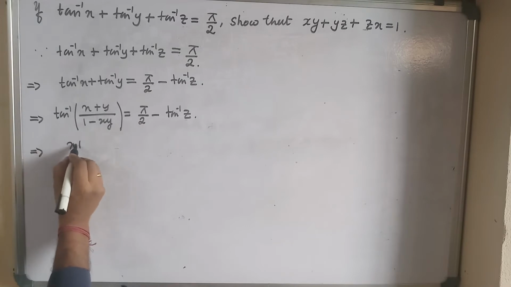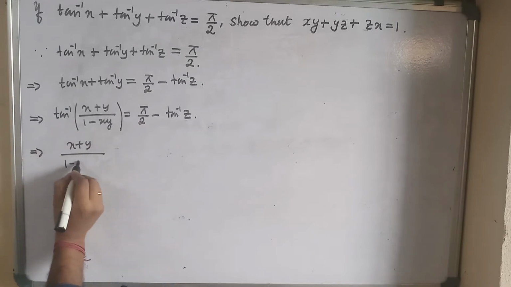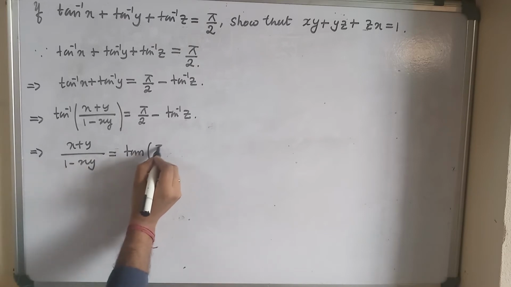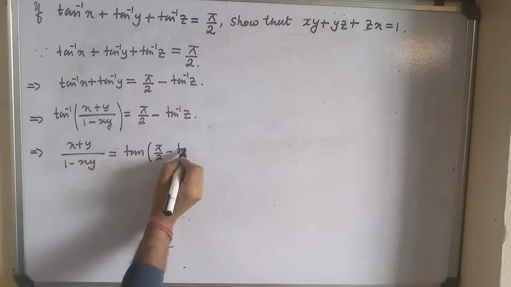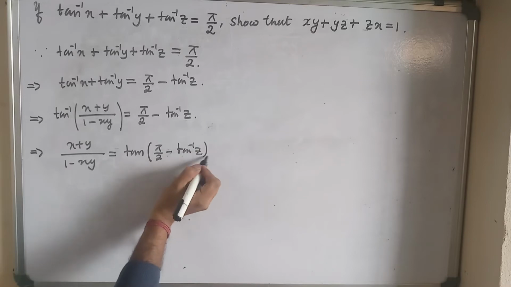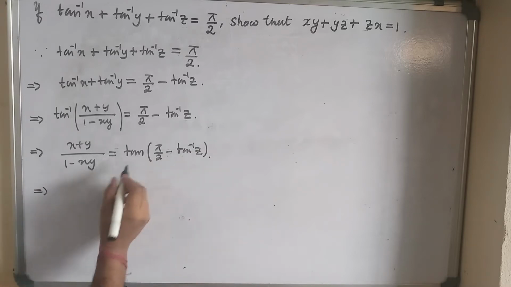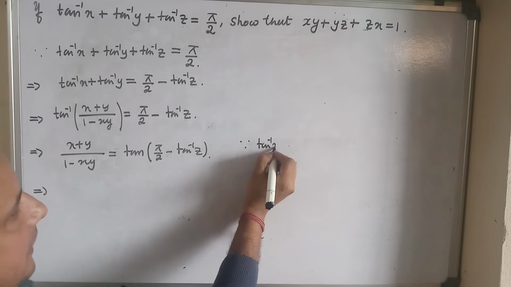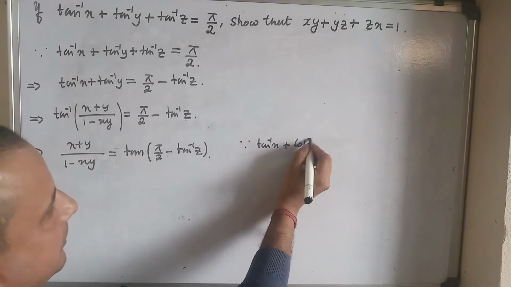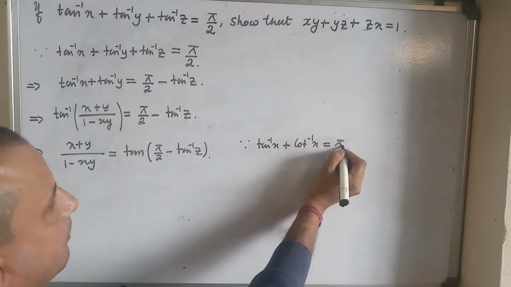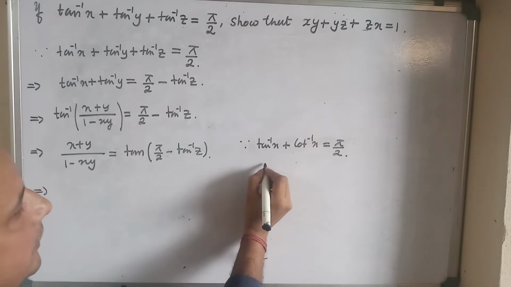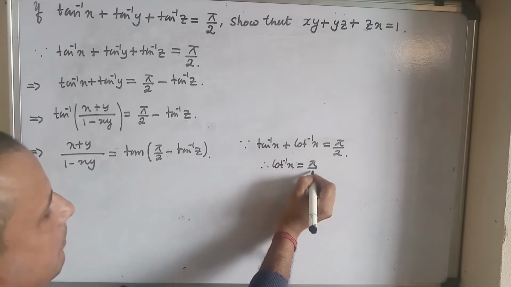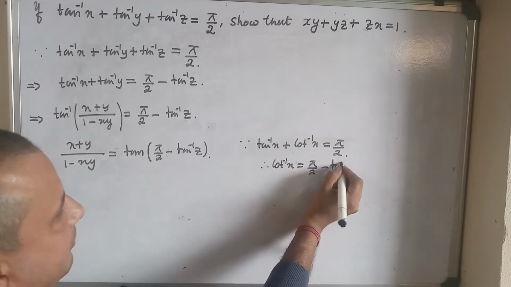Now it will be x plus y over 1 minus xy is equal to tan of pi by 2 minus tan inverse z. Here I'll use a property: tan inverse x plus cot inverse x equals pi by 2. Therefore, cot inverse x is equal to pi by 2 minus tan inverse x.